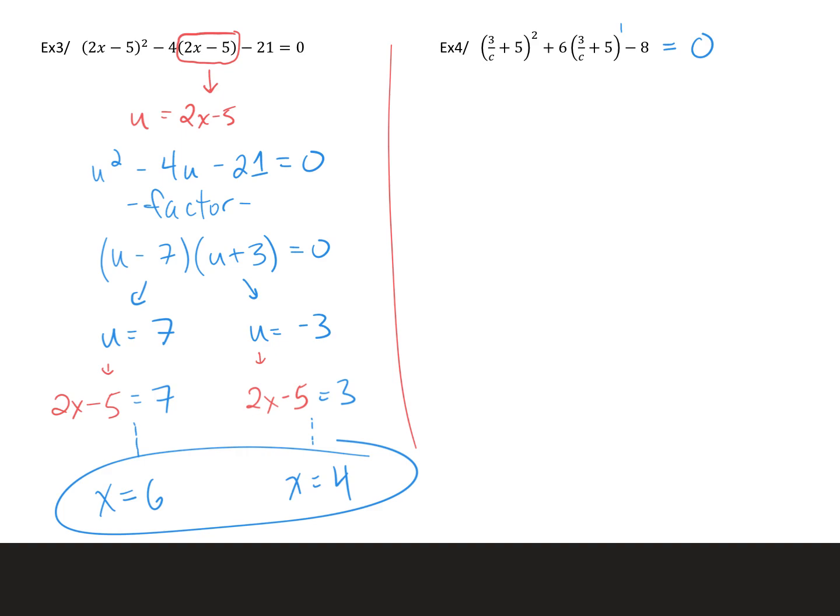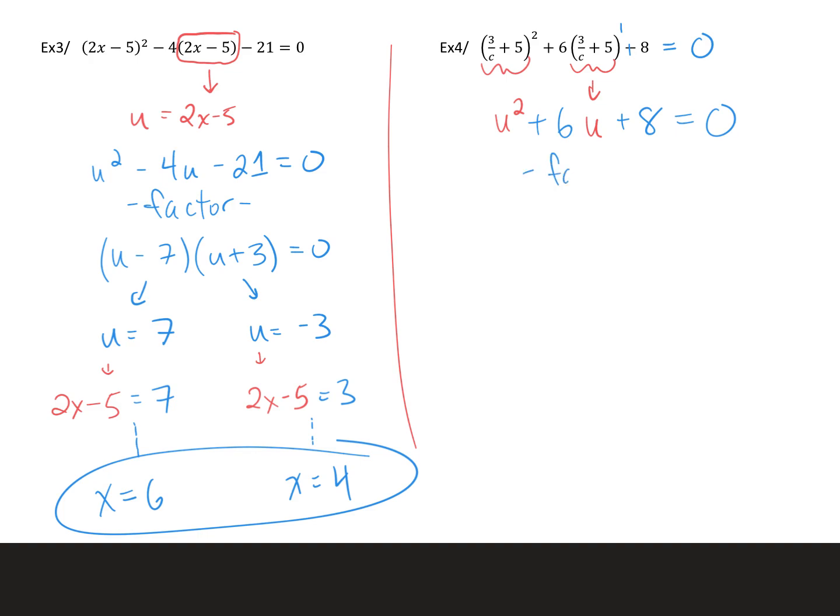From there, the middle term, all of this will turn into u, which means whatever's being squared is u squared, and we have this plus 6 minus 8 equals 0. Also, as a quick note, I want this to be plus 8, so the factoring will work.